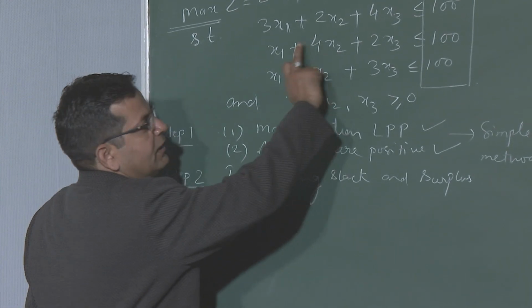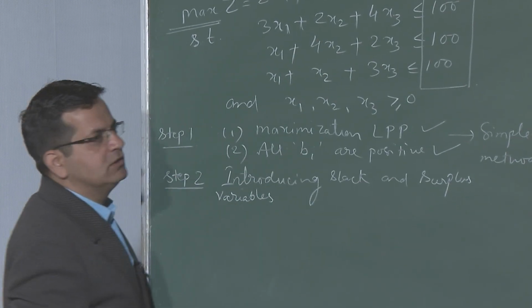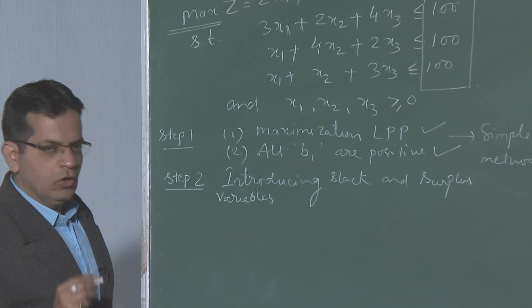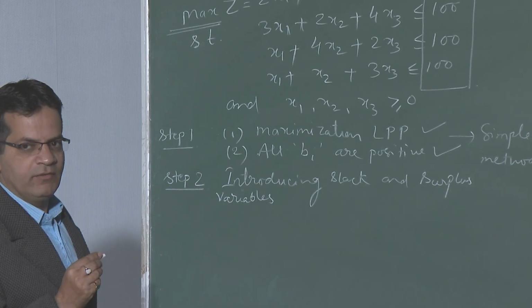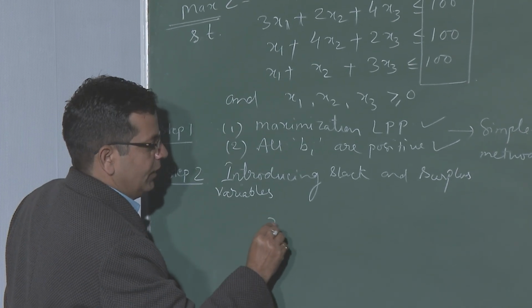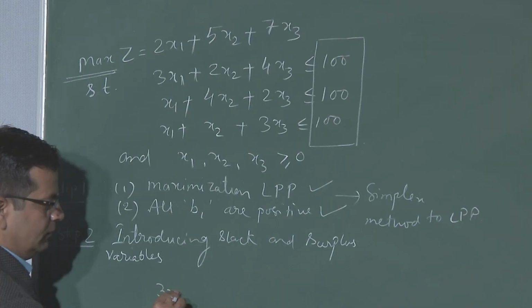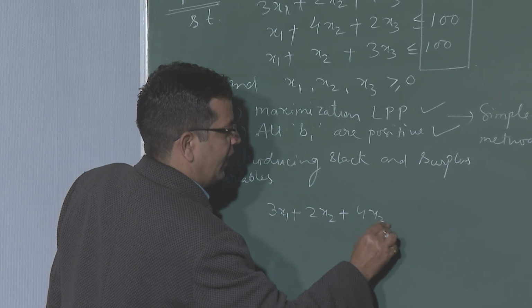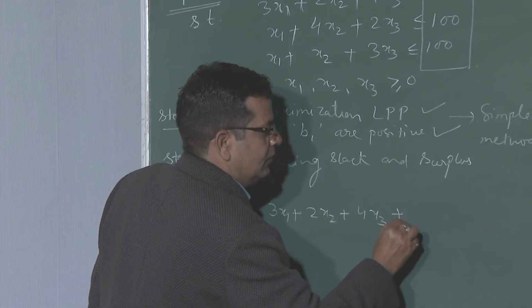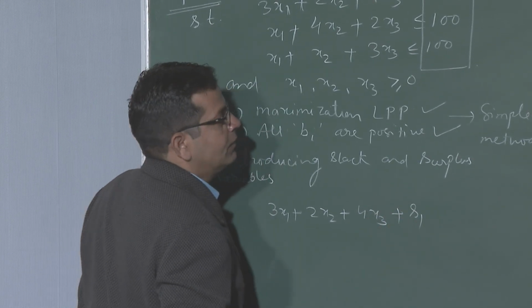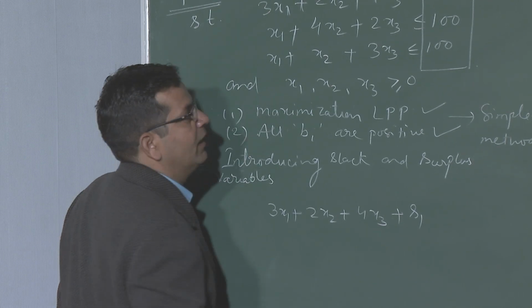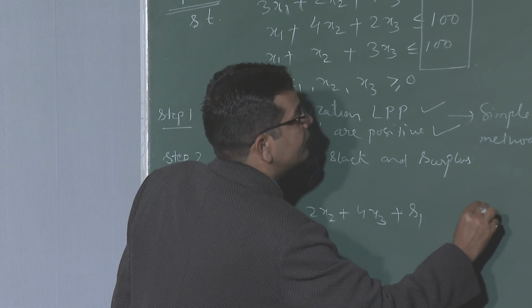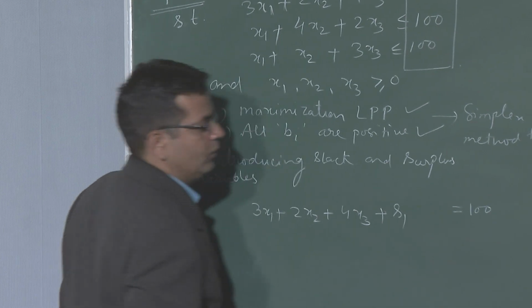We can see the first constraint has a less than or equal to sign, so we add a slack variable. In the first constraint, 3x1 plus 2x2 plus 4x3, I add one slack variable, S1, and then it becomes equal to.